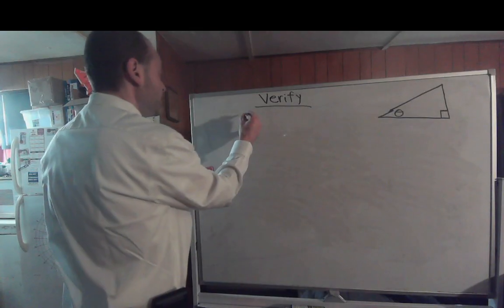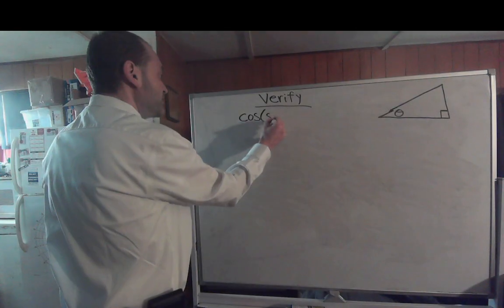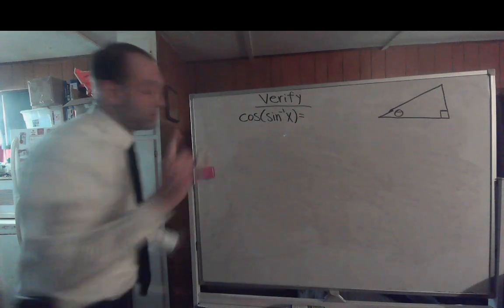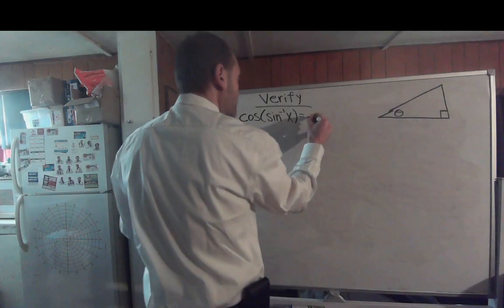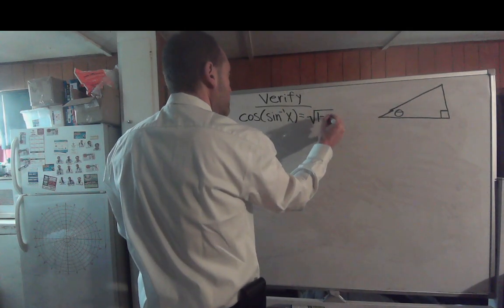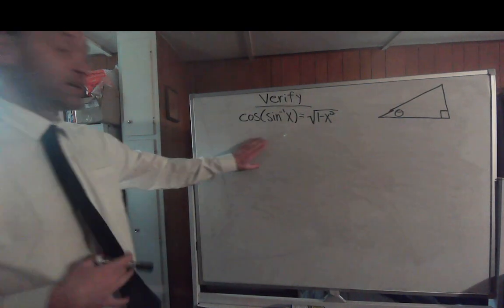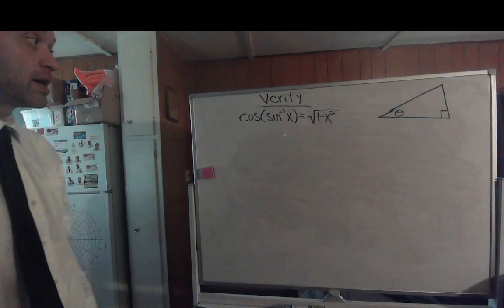Now we got to verify that the cosine of the sine inverse of x is equal to the square root of 1 minus x squared. So we're being asked to verify that the cosine of the sine inverse of x equals the square root of 1 minus x squared.